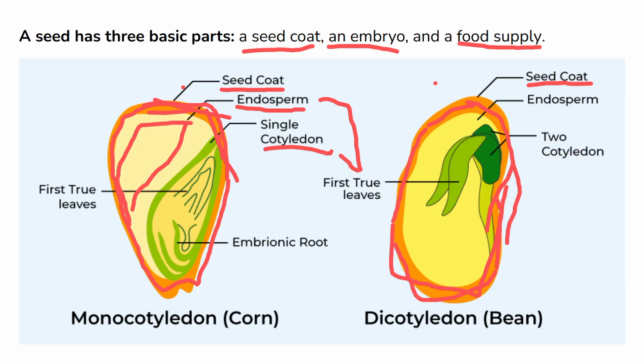And then an embryo, the baby seed, is called an embryo. And then the food supply, which is over here, the endosperm and the two cotyledons. Here you see the difference: the monocotyledon only has one cotyledon, and the dicotyledon has two cotyledons. So these are the differences we can observe between these two seeds.